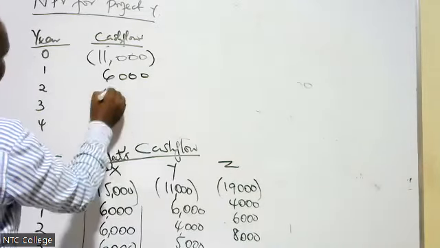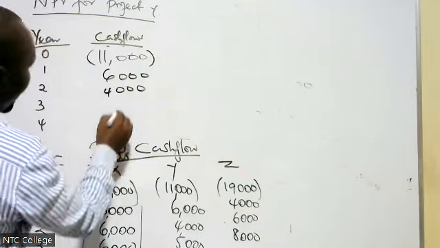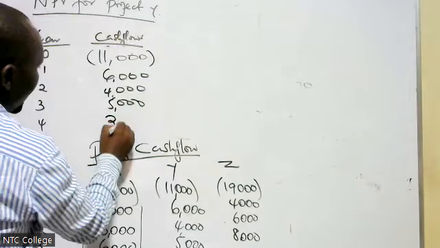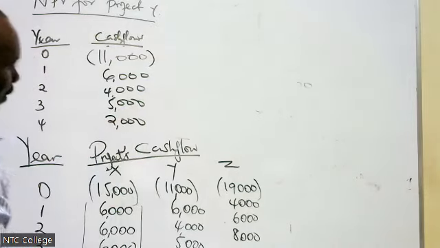Then we have 4,000. Then we have 5,000. Then we have 2,000. Right?